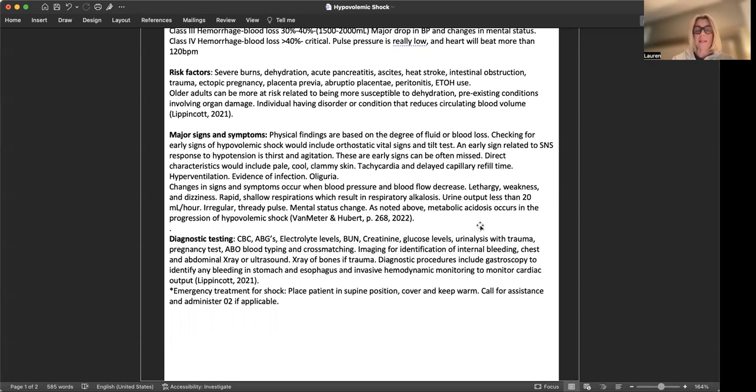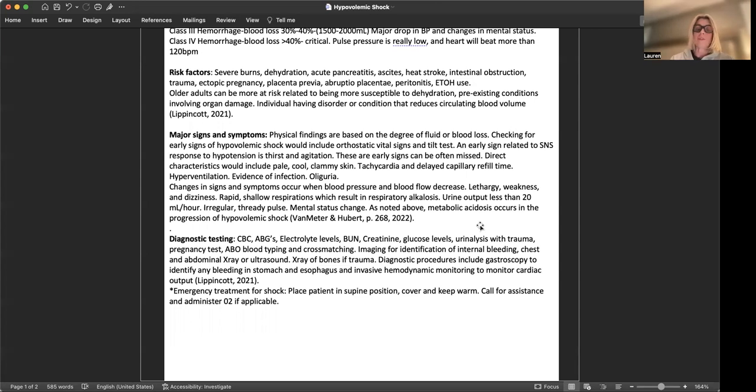The physical findings are based on the degree of fluid or blood loss, and changes in signs and symptoms occur when the blood pressure really plummets and the blood flow really decreases. That's when you're going to see a shift in these signs and symptoms. Some early signs would include orthostatic changes; you would check with orthostatic vital signs and a tilt test.